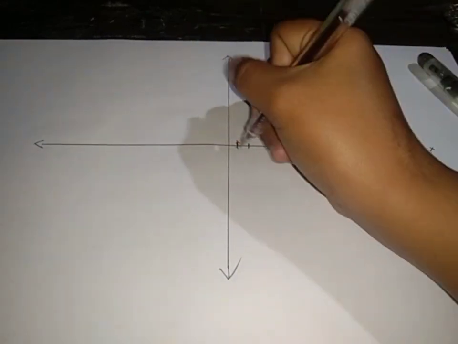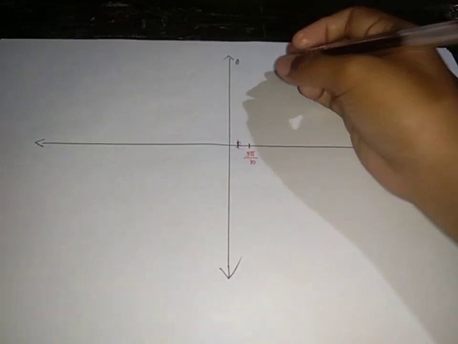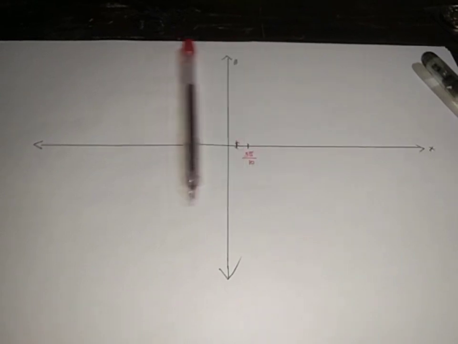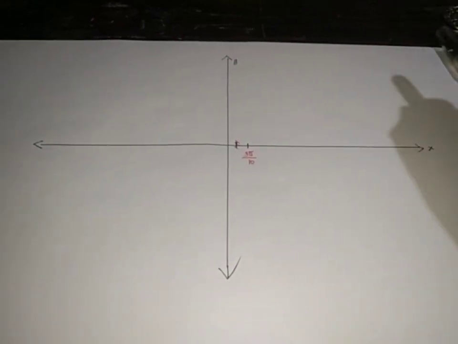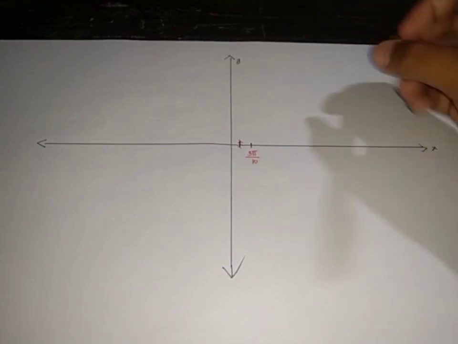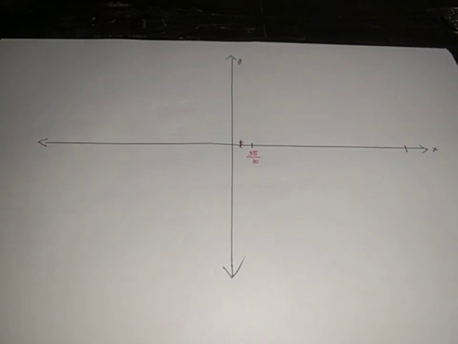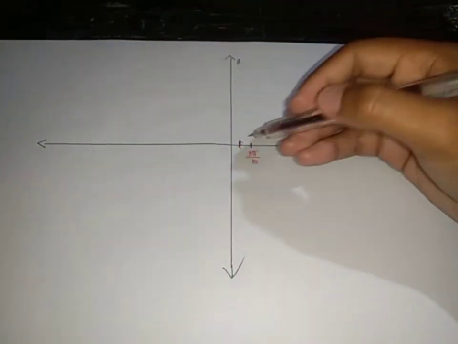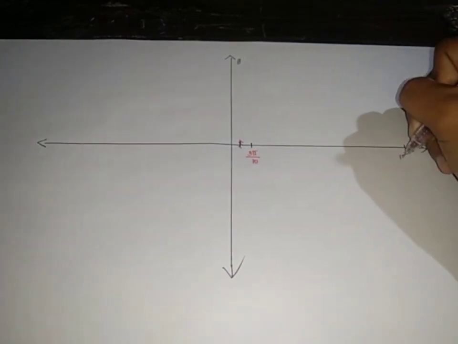We have 3 pi over 10. So in solving this graph, we should put first the starting point and the end point. Our starting point is 3 pi over 10 and our end point is 13 pi over 10.